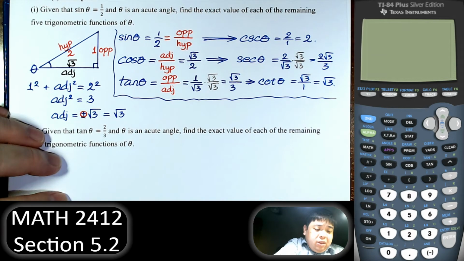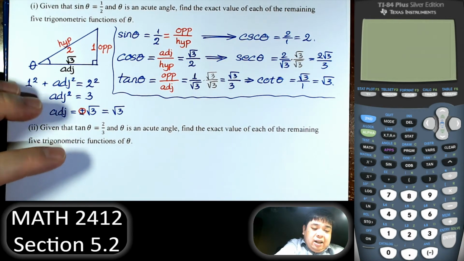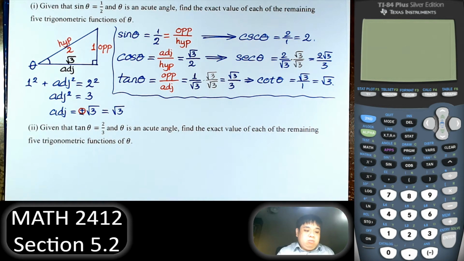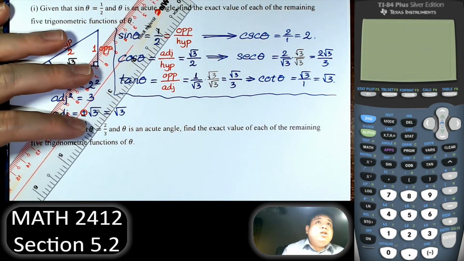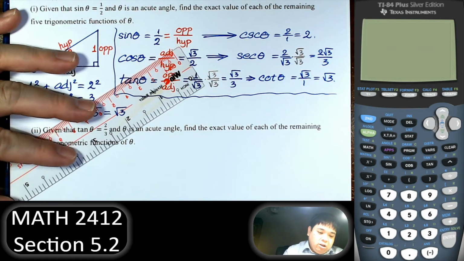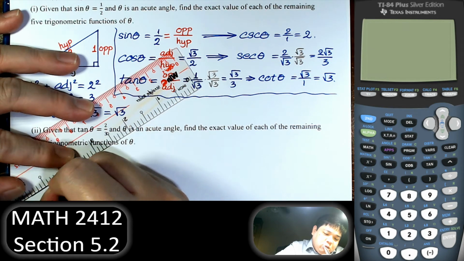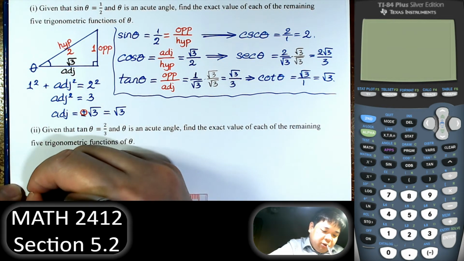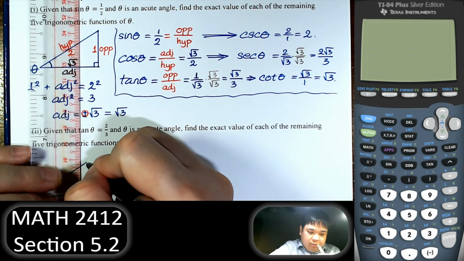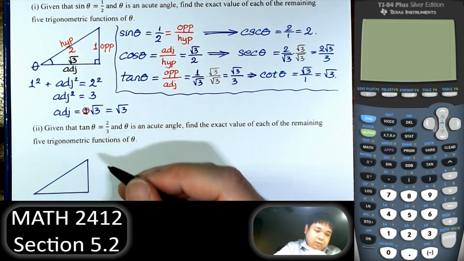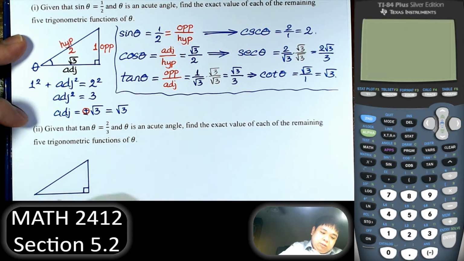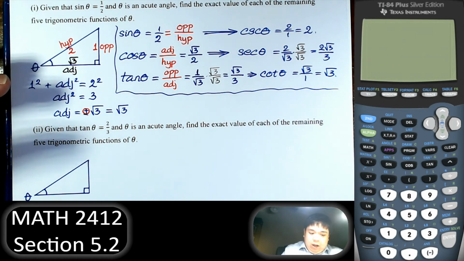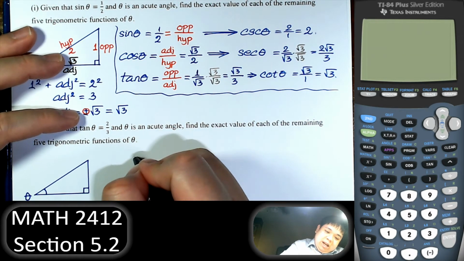Next, given that tangent is 2 over 3 and theta is an acute angle, find the exact values of the remaining 5 trigonometric functions of theta. So once again, we draw a right triangle. It doesn't have to be exactly 2 over 3 ratio. We just draw a generic triangle. Right, so what we have is tangent.